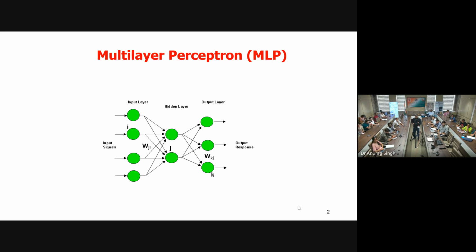Now, assuming each sample is represented in terms of D features, point to be noted: each sample is represented in terms of D features. If you are solving a 5-class problem, say you want to recognize A, E, I, O, U, then you are going to have 5 nodes at the output.